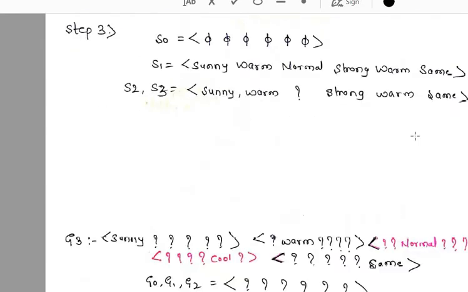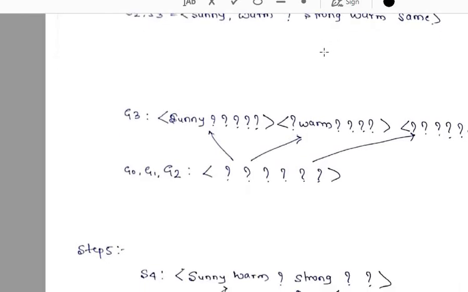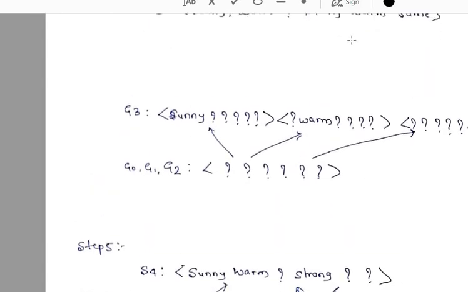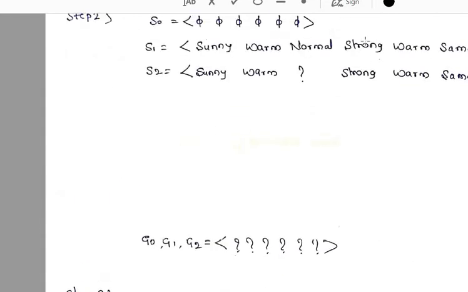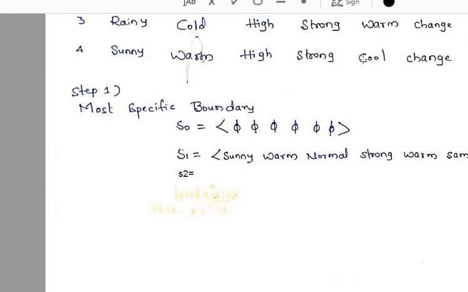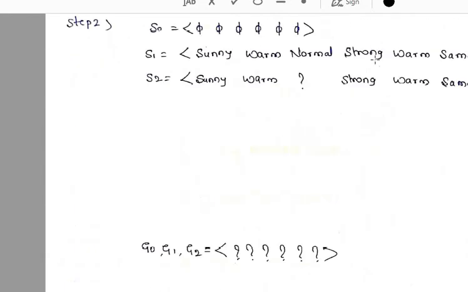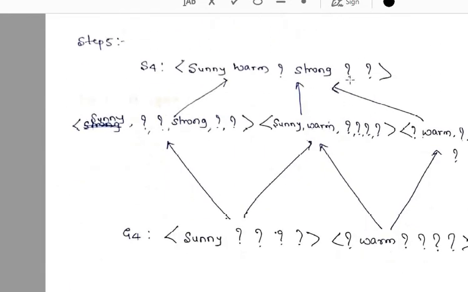In the third step it was sunny, warm, question mark, then strong. Then instead of warm, in my example it is cool. So previously we had warm, but now we have cool, which means we have to replace it with question mark. So hence I have replaced it with question mark.